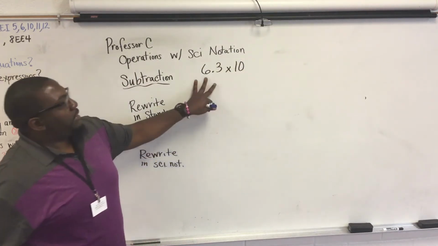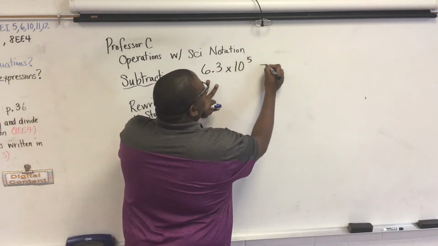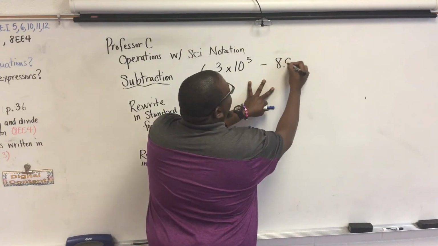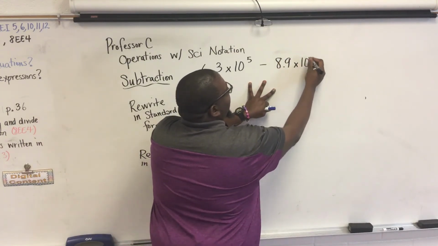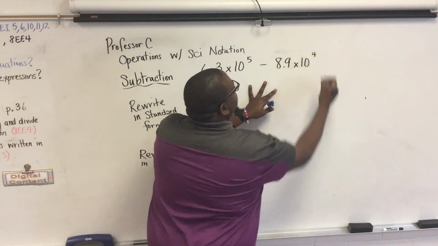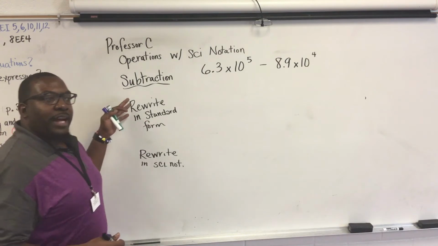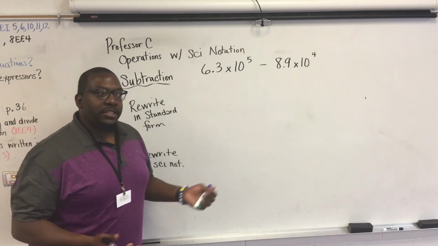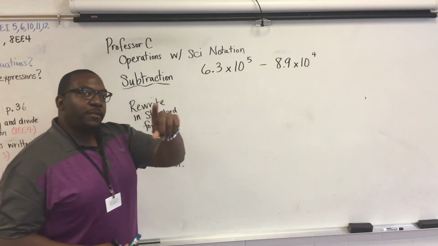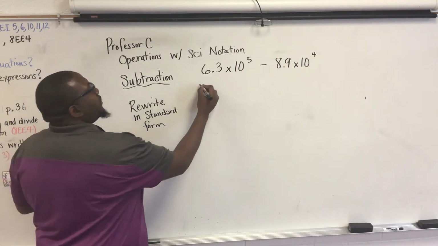So let's say first I have 6.3 times 10 to the 5th power, and I want to subtract from it 8.9 times 10 to the 4th power. Okay? The same steps apply to subtraction as they did in addition. The main difference is now we're trying to subtract the numbers. So first, rewrite your numbers in standard form.